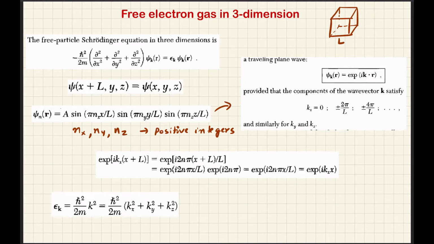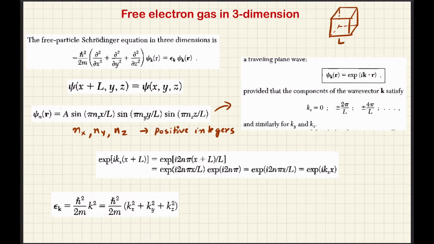Then there is a slight difference in the condition obtained for the components of the wave vector. What is the condition for kx, ky and kz? Suppose you take kx. What will be the condition?